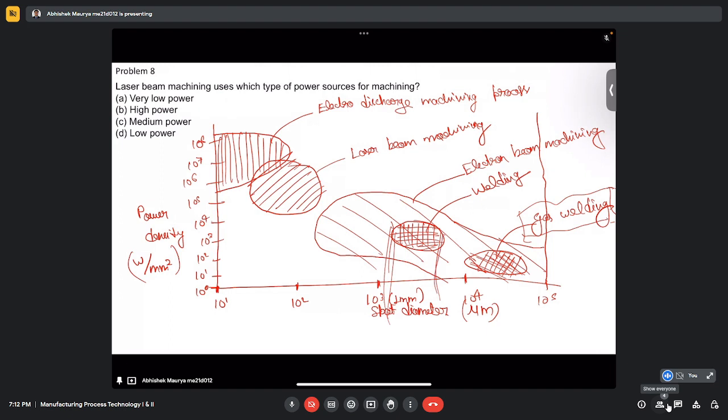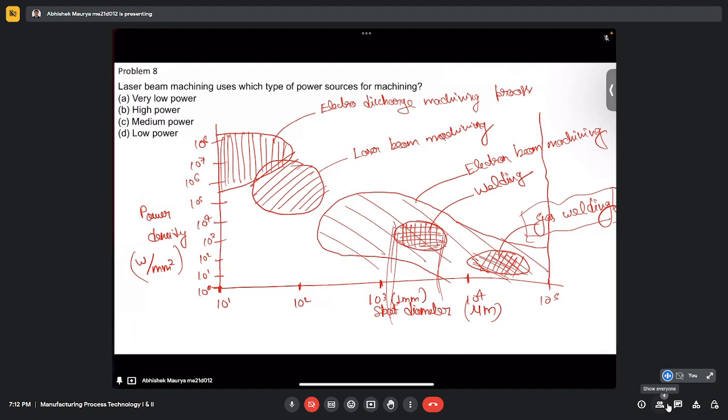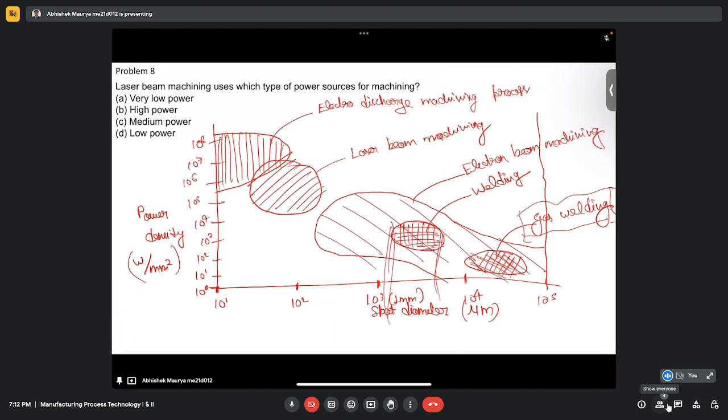Here also we cannot get a spot diameter of 1 mm, and its power density is also lower for arc welding as well as gas welding.